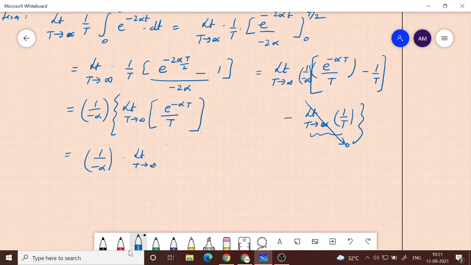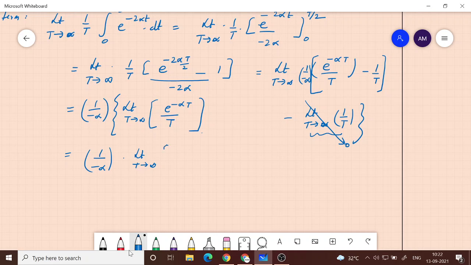Basically L'Hospital rule says that if you have a limit of a function which can be written as one divided by the other, then you differentiate the numerator with respect to t, differentiate the denominator with respect to t, and then take the limit, you will get the same answer.